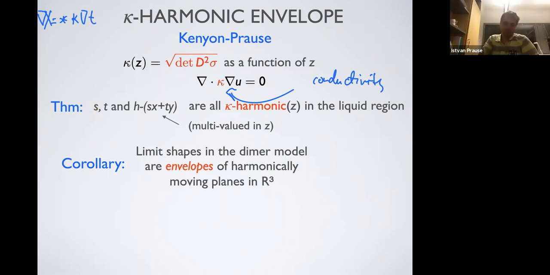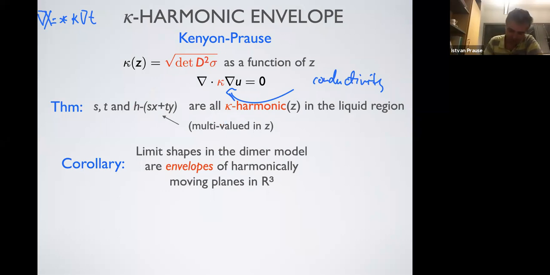Similarly for S, and more importantly, the third function is kappa harmonic because that's exactly the Euler-Lagrange equation in terms of the z variable, as it turns out. The only caveat is that the inverse from the amoeba to the liquid region is not single valued, so the third function is multi-valued.